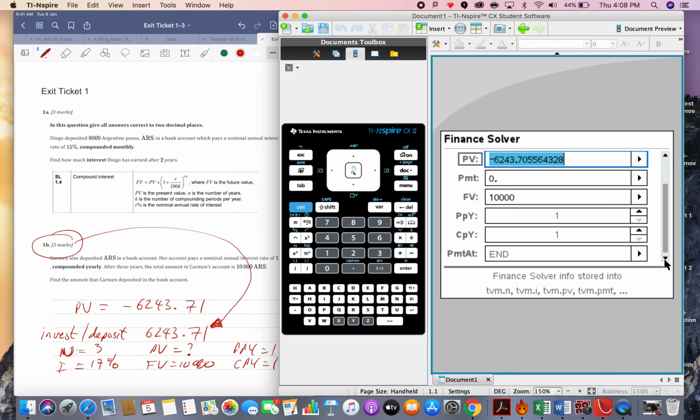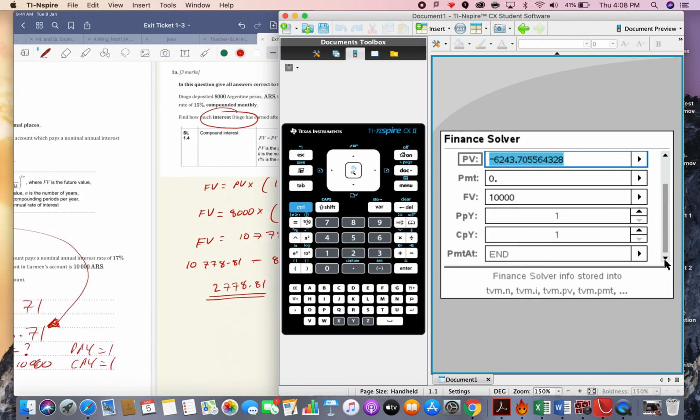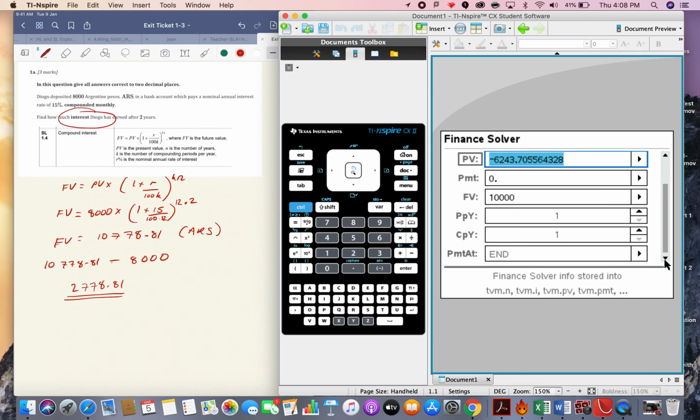So it's really important that you have both those skills at your fingertips, being able to use the formula and then also be able to use the Finance Solver. Now, what would it look like if we tried to solve this second question using the formula? Well, let's try and do that. So FV equals PV times (1 plus R over 100k) to the kn.